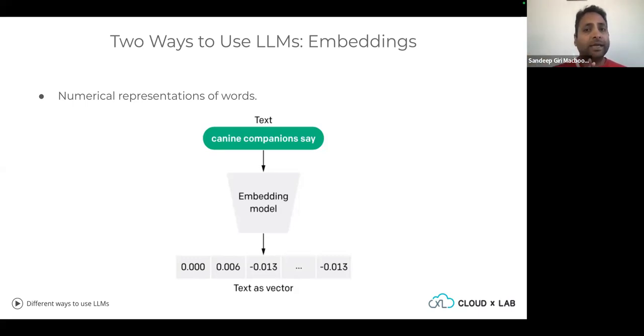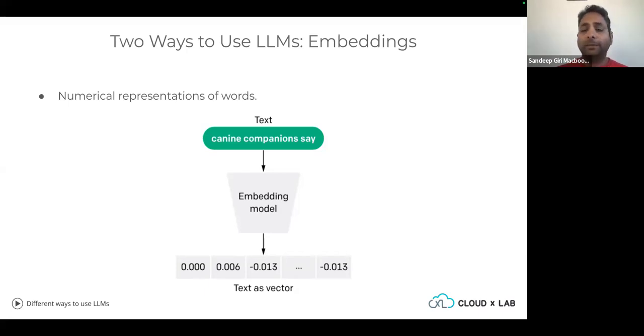So you can take an input text, convert it to an embedding using a large language model, and then you can use these embeddings as a vector. Say, canine companion is your input text and you're feeding it to a large language model, say OpenAI or Gemini. They provide the API and the endpoints for generating embeddings, and they generate this bunch of numbers.